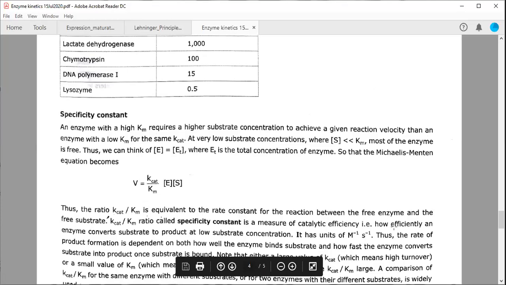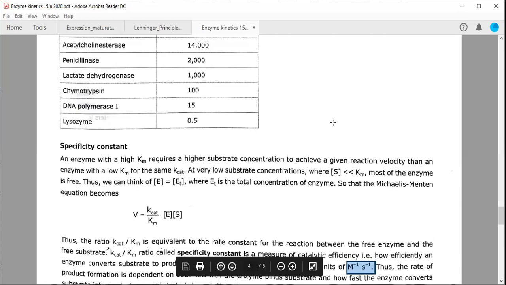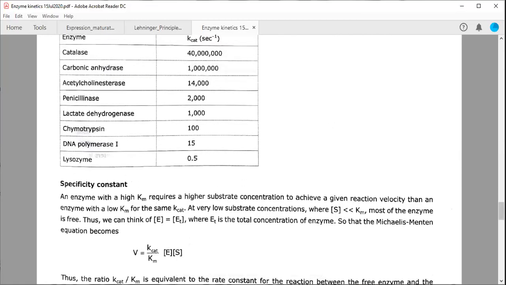And here the unit will change to per mole per second, because we are dividing by the substrate concentration, which is a molar concentration, and it is on the lower side. And kcat had a unit of per second, so this will be per mole per second. I hope you are able to get this. If not, we will come again over this.